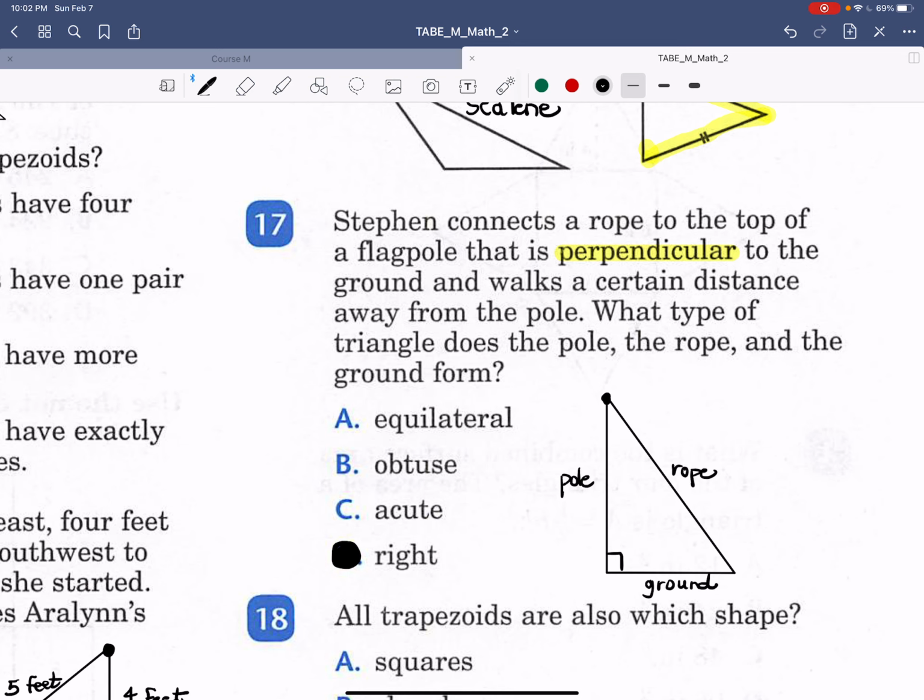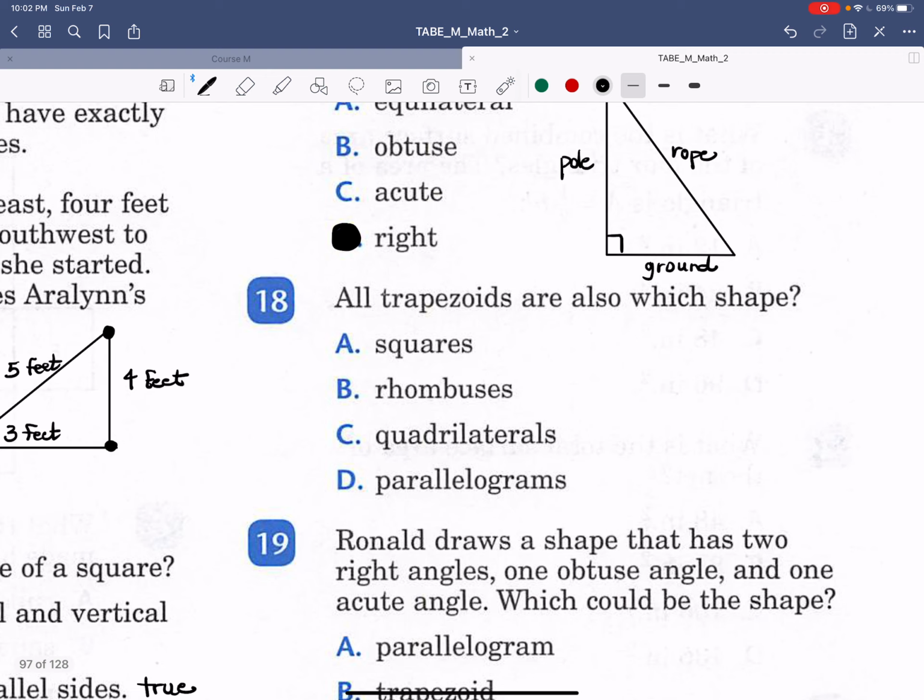Number 18. All trapezoids are also which shape? So let's draw a couple of trapezoids. This is the one I think of when I think of trapezoid. But remember that a trapezoid can look like this as well. It's a shape that's been caught in a trap. Part of it's lopped off. Are those squares? No. Are those rhombuses?